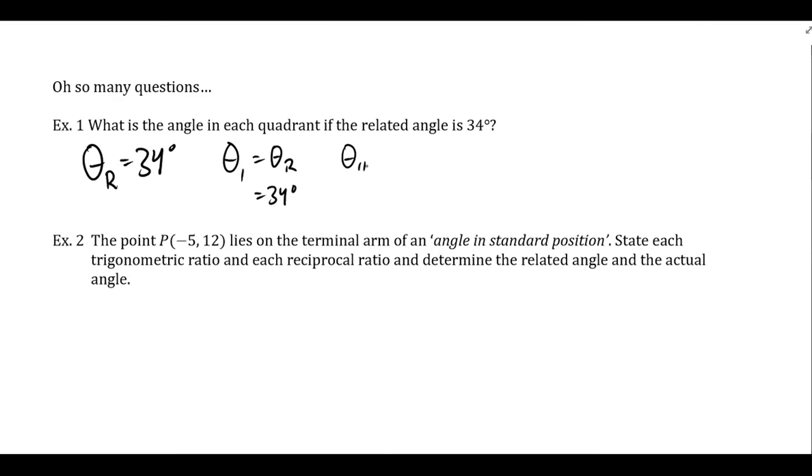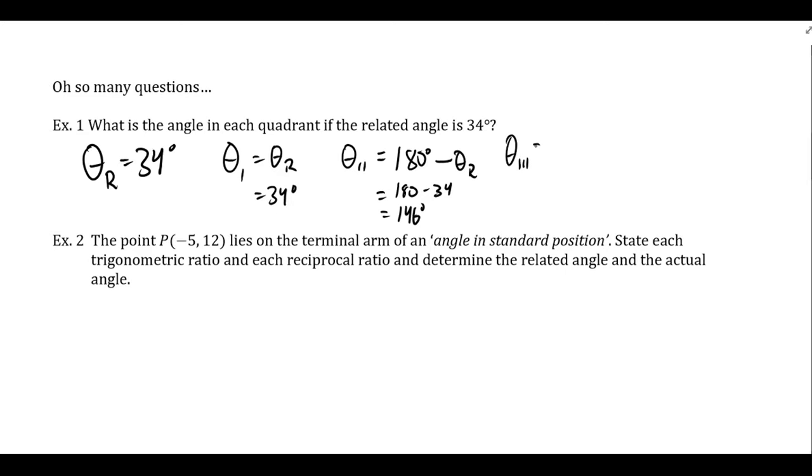Theta in quadrant 2, and I use Roman numerals because that's what we usually use to name the quadrants, is equal to 180 minus theta related, which is 180 minus 34, which is 146. Very good.